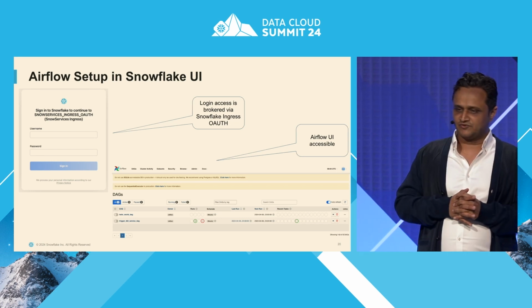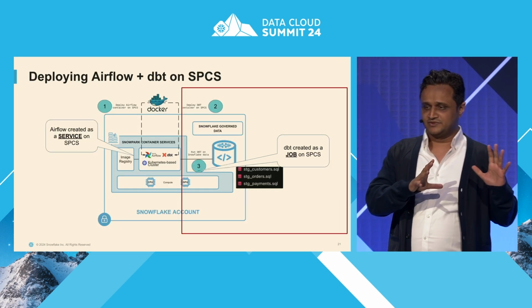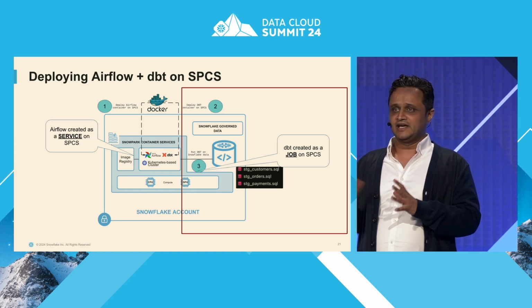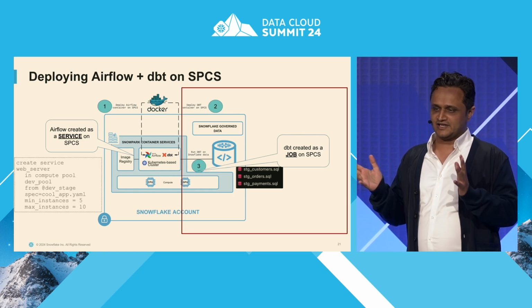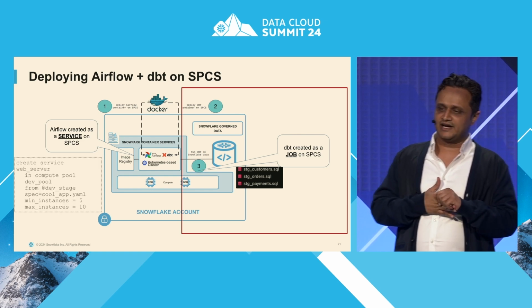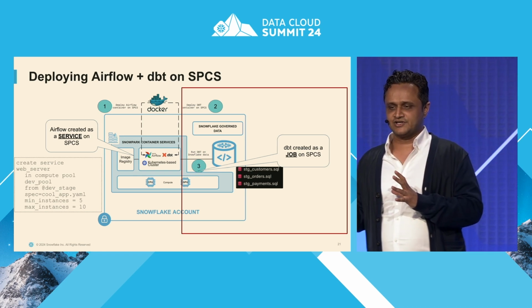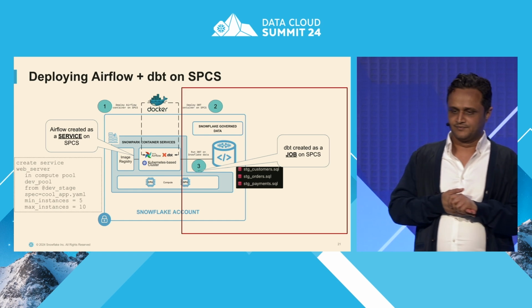If you go to the next slide, now that we have Airflow set up, steps number 2 and 3 are to get DBT inside of container services. As previously mentioned, we are going to create a job on Snowpark Container Services to execute the DBT pipeline.